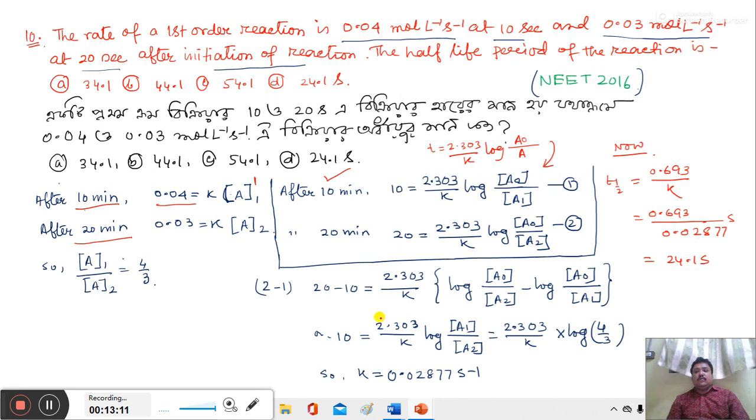Subtracting equation 1 from 2 we get K is equal to 0.02877 second inverse. Now the half-life time T half is equal to 0.693 by K. Putting this value of K we get T half is equal to 4.1 second. So option D is the correct one.